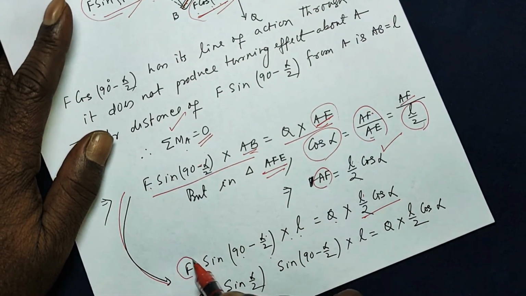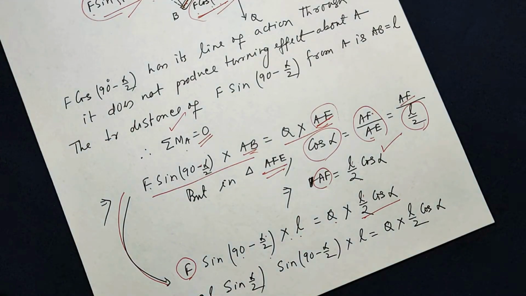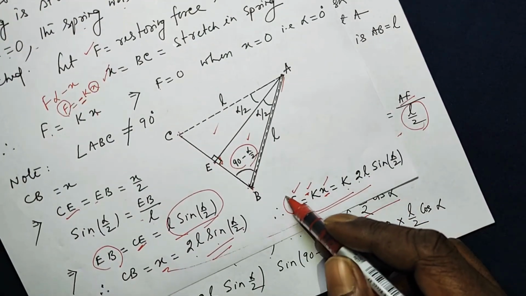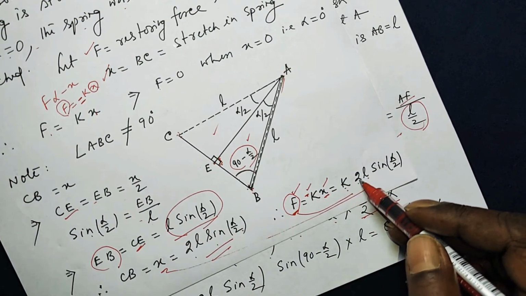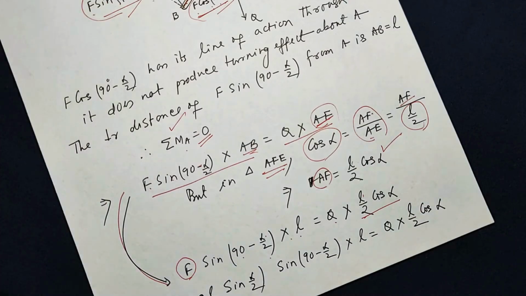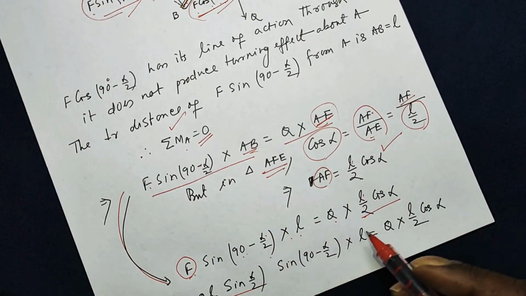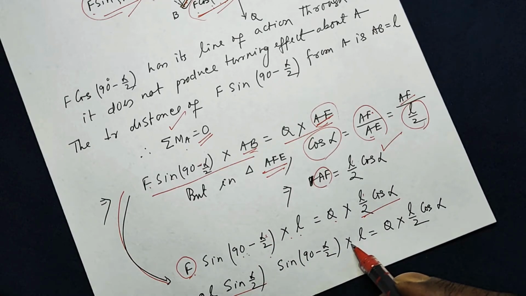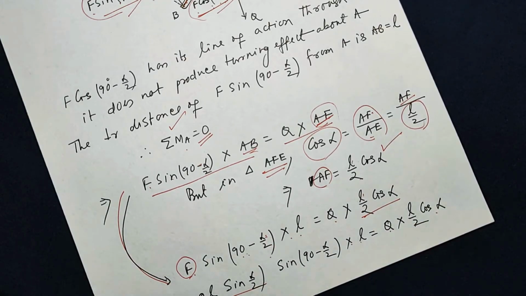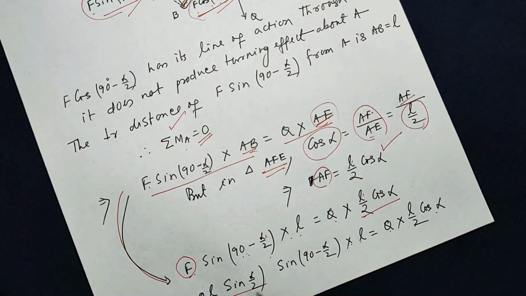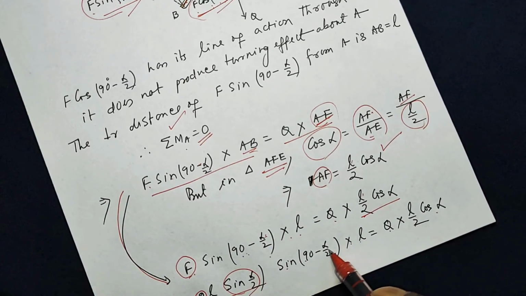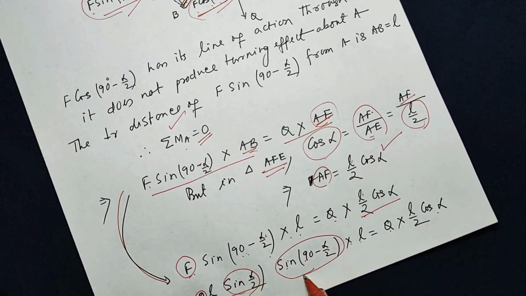Now put the value of F, the spring force, which we calculated in the previous page, K times 2L sine alpha by 2. So put the value of F, sine 90 minus alpha by 2 times L equals Q times L by 2 cos alpha. Now I will keep 2 with this term, and sine 90 minus alpha by 2 will be cos alpha by 2.